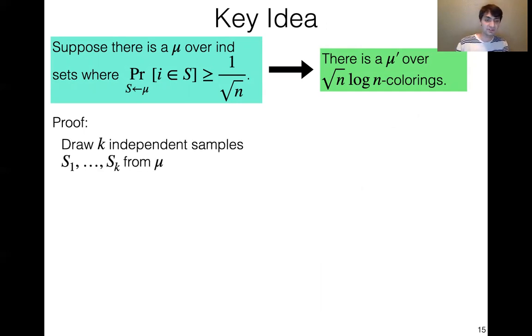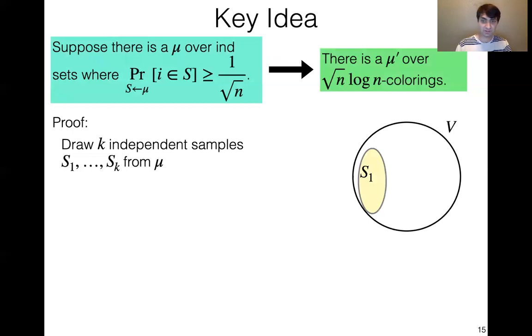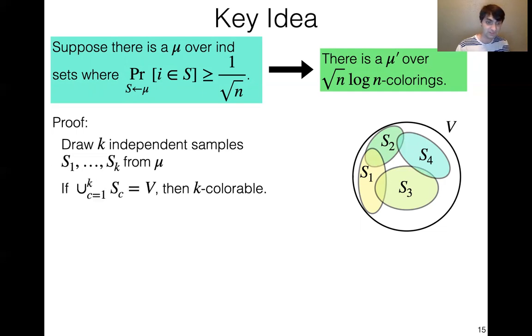Well, namely, we just draw k independent samples from mu. So if we think of the set of vertices V of the graph, let's say this is S1, S2, S3, S4, and we'll just sample independent sets, k of them, for k root n log n. And we should notice here that if these independent sets we sample cover all the vertices in V, then G is in fact k-colorable.